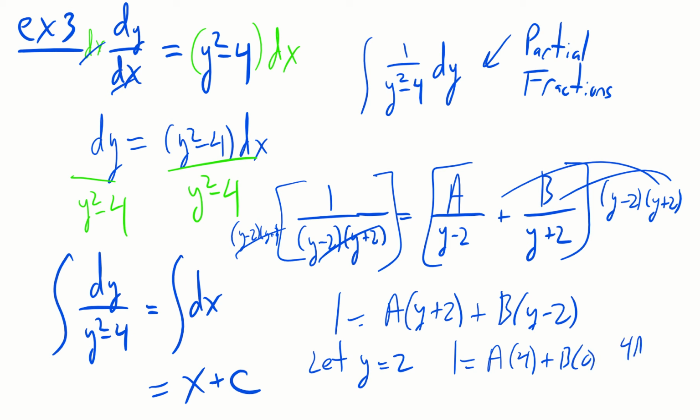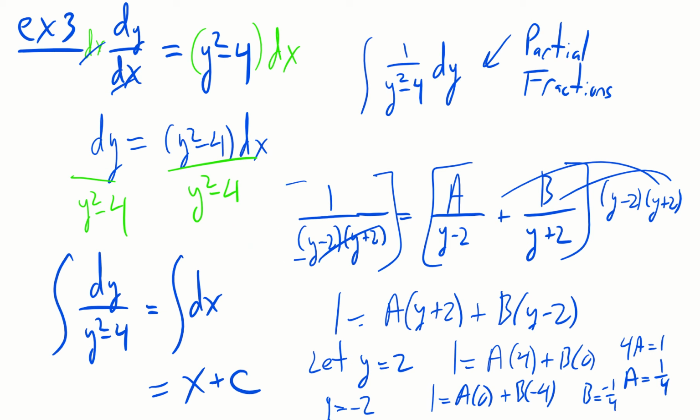So we get 4a equals 1, so a is equal to 1/4. To find the value for b, let y be equal to negative 2. Then we get 1 equals a times 0 plus b times negative 4, and that produces b equals negative 1/4. So what we've shown is the following.